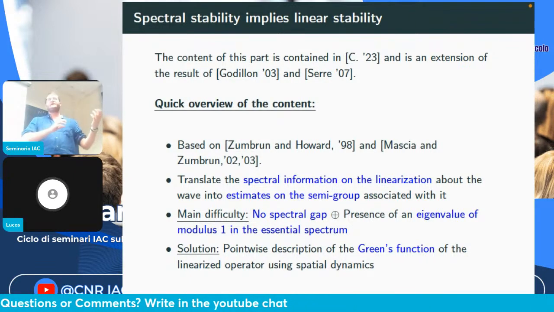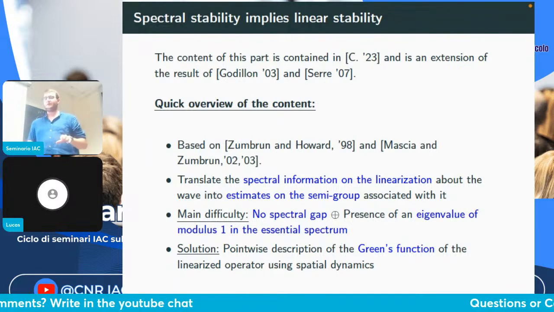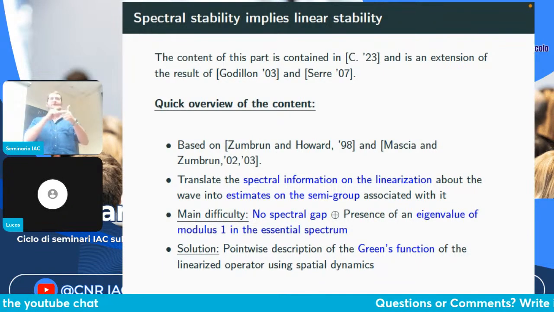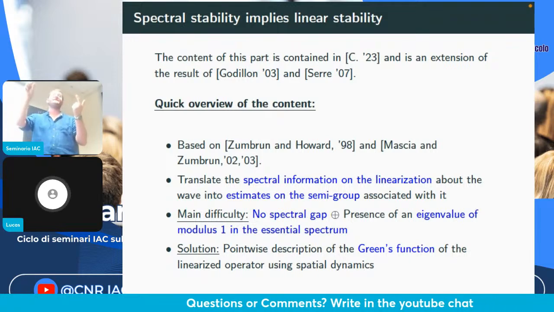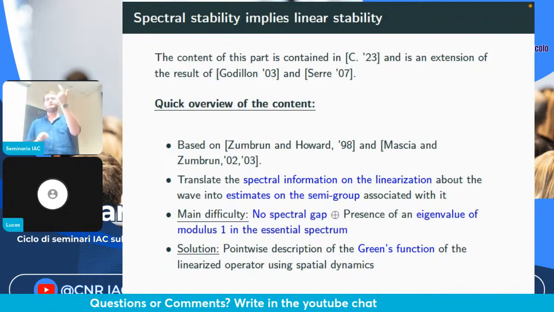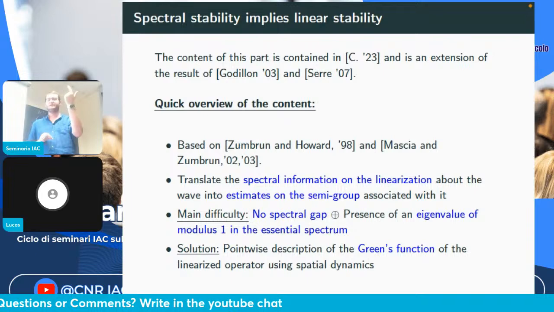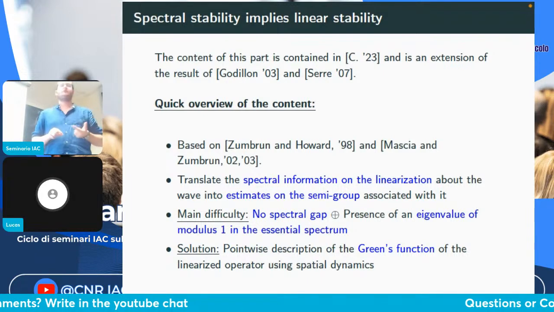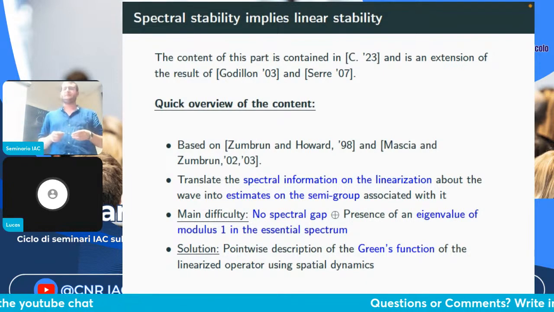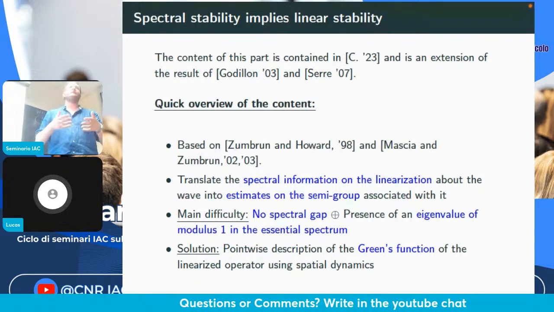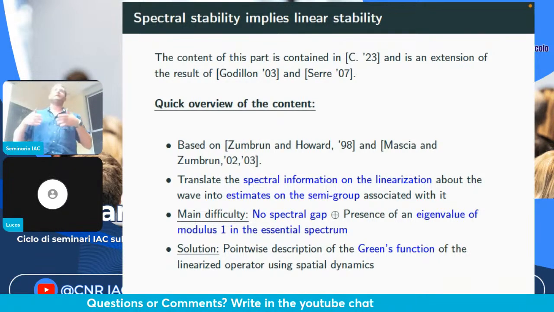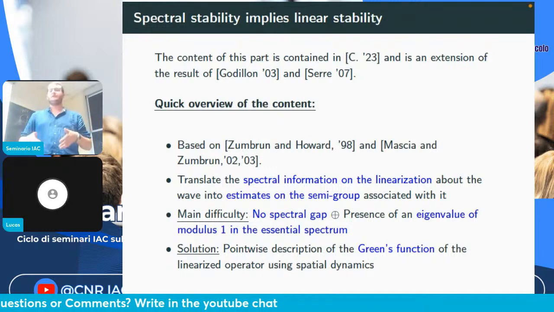The problem is that, as will be clear afterwards, there is no spectral gap, and there is an eigenvalue of modulus 1 that lies inside of the essential spectrum. Those are two real difficulties for the analysis, and the solution that was obtained by Zumbrun, Howard, and Macia is essentially, rather than study the semigroup of the operator, to study its Green's function.